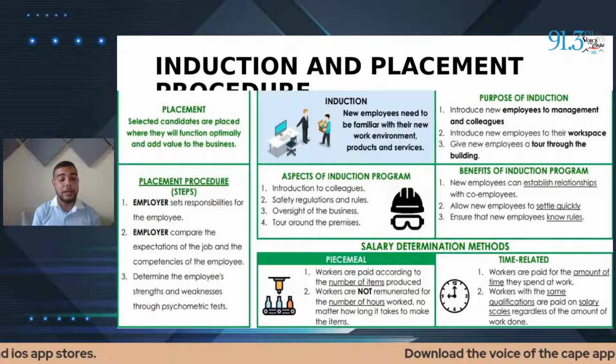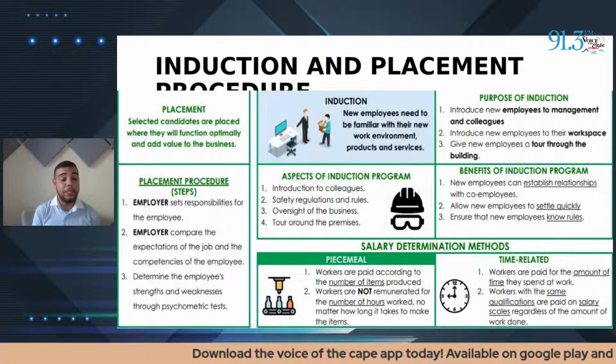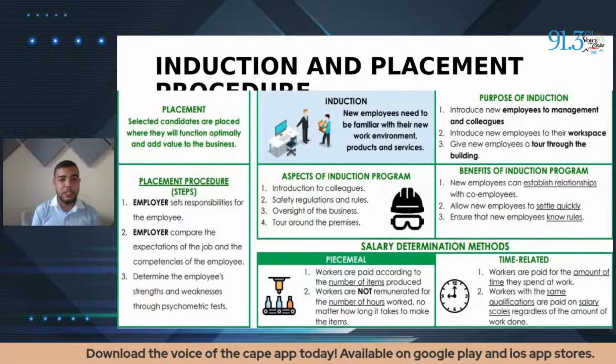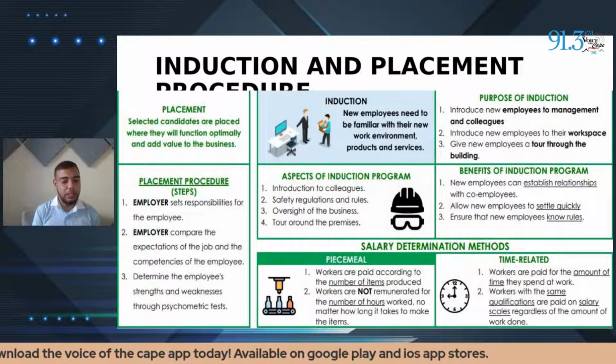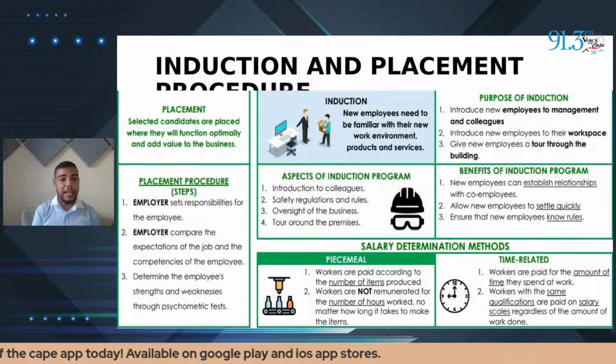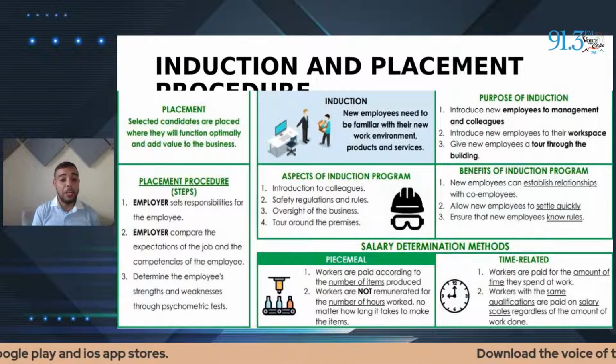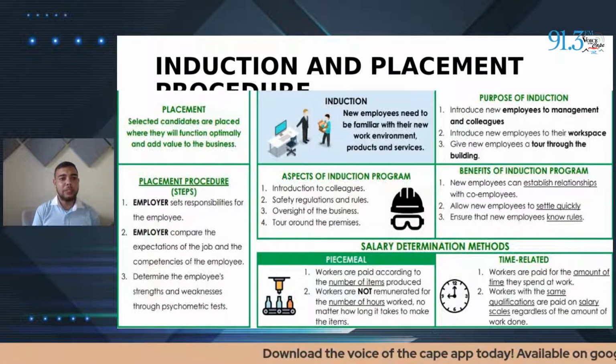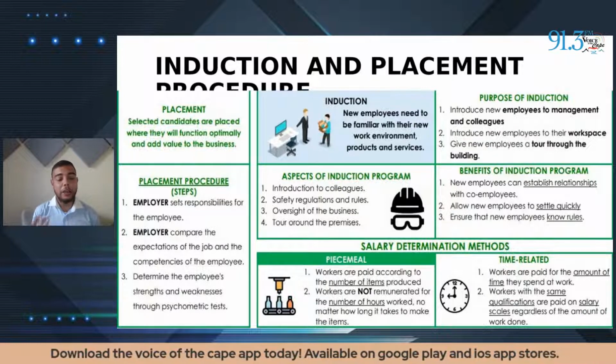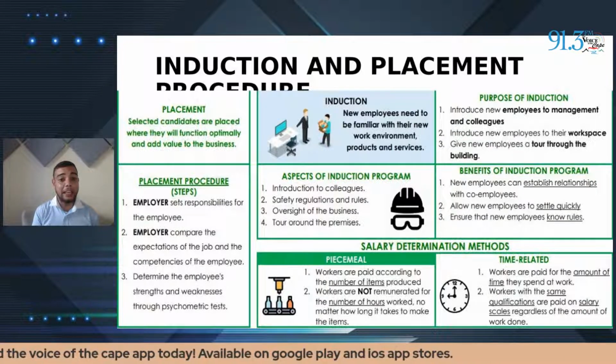They need to test the employee first whether he is capable of doing the specified job, especially when a person works with motors or heavy machinery. They need to have a psychometric test whether they are capable of working with those machines so that they do not get injured. So, what happens if they get injured? The COIDA Act then takes place. See how everything works hand in hand in business studies.